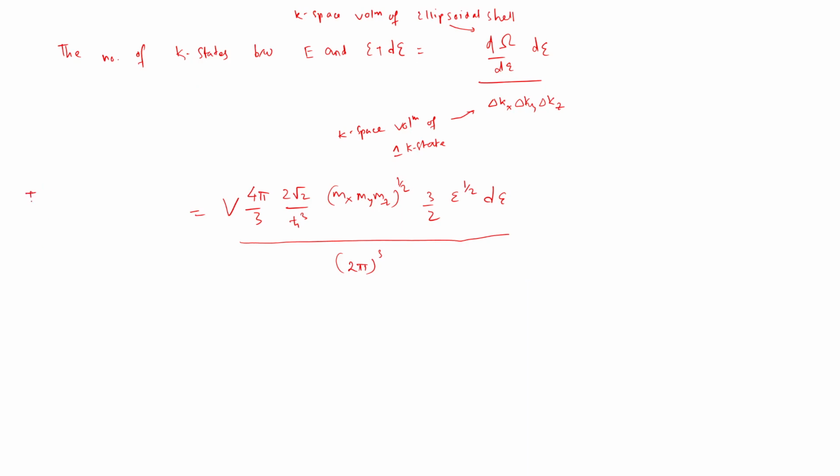Now the number of states between E and E plus dE. Here we have to multiply another factor due to spin. This was the number of k states. For each k state we have two spin states, so that is why you have to multiply by this 2.